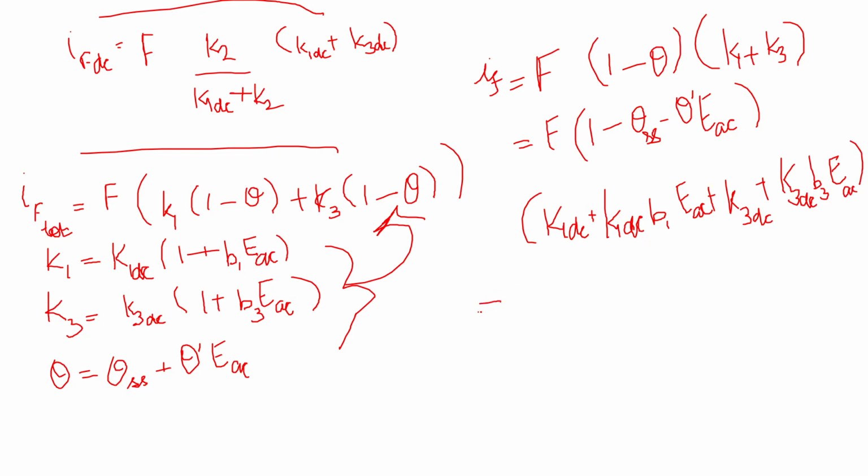Now I'm going to cross multiply. So it will be nothing but F into 1 minus theta SS, and I'll multiply that by K1 DC plus K3 DC, which are constants. I'm simplifying it by reducing the number of steps.